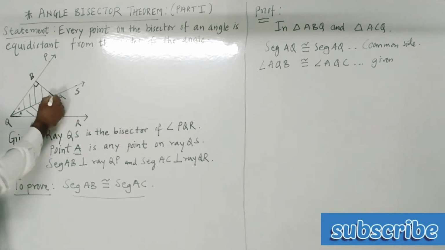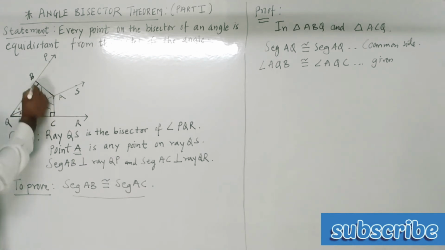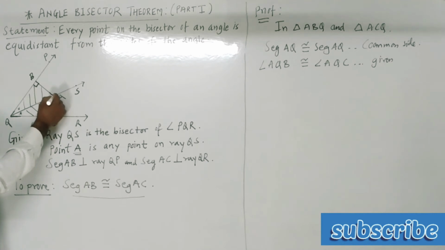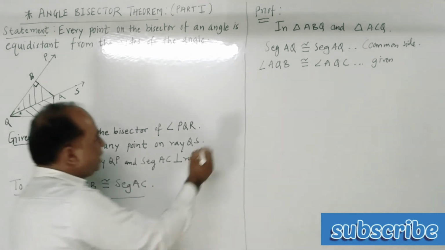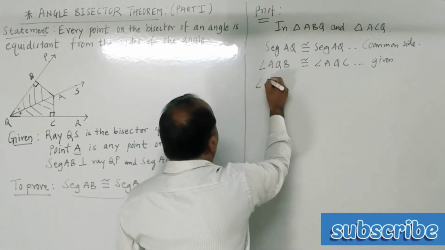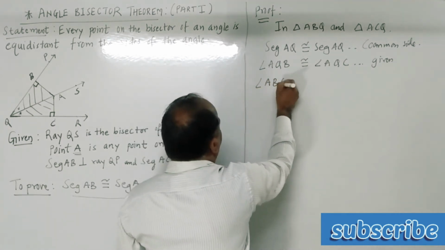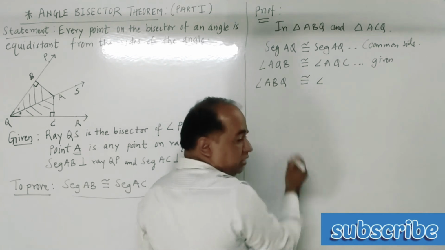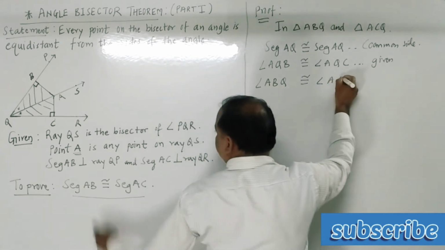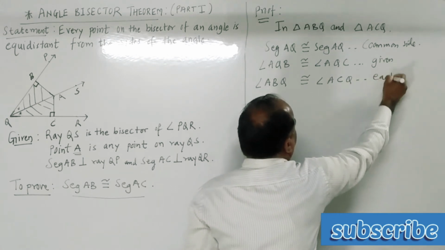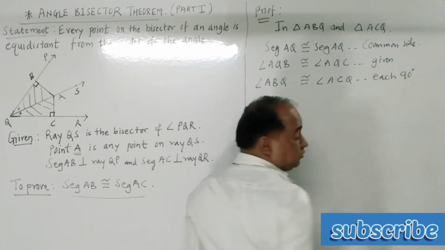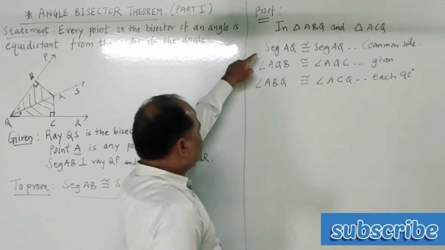Then angle ABQ, which is 90 degrees, since a perpendicular is drawn, is congruent to angle ACQ. Each angle is 90 degrees. Angle ABQ is congruent to angle ACQ, each 90 degrees.